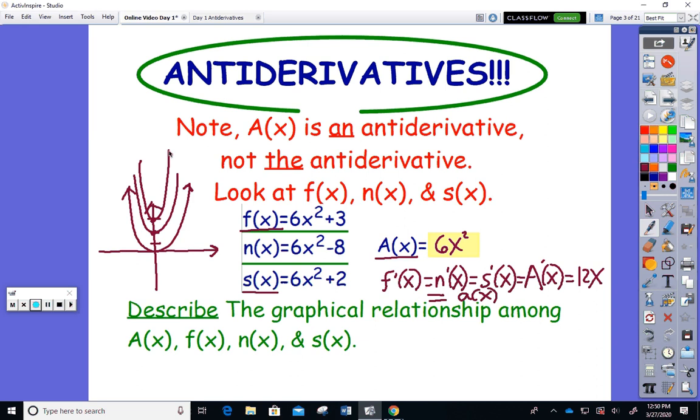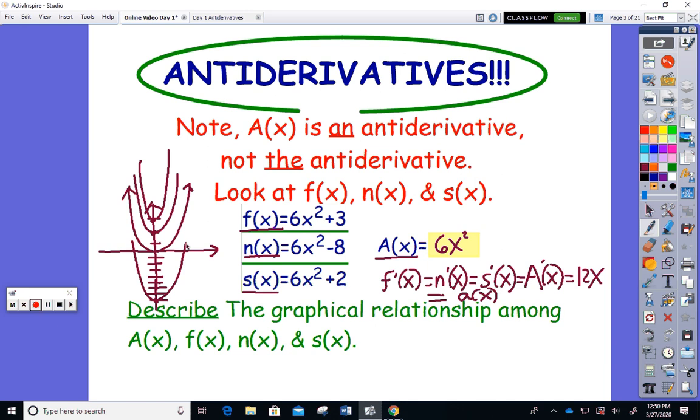But otherwise I'm getting the exact same parabola. I'm sorry, I mean for them to all be the exact same parabola. And then n of x obviously is 1, 2, 3, 4, 5, 6, 7, 8. So it's the exact same parabola, but it's got its vertex lower on the y-axis.